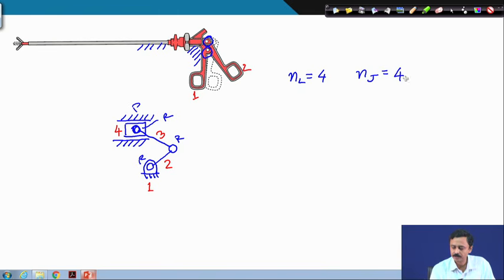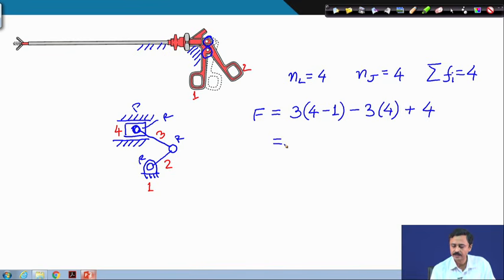So, 4, and summation of degree of freedom of all these joints is also 4, because each has 1 degree of freedom. Therefore, the degree of freedom is 3 times number of links minus 1 minus 3 times number of joints plus degree of freedom of all joints, and this gives us degree of freedom 1, which is controlled by the surgeon's fingers.